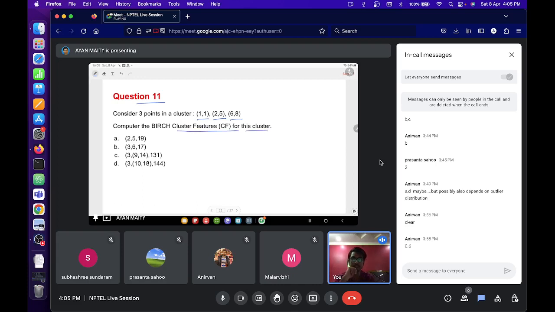The cluster feature in Birch is a 3 tuple, so you have to compute that, and 4 options are given. You have to use these 3 points to compute the cluster feature for this cluster.